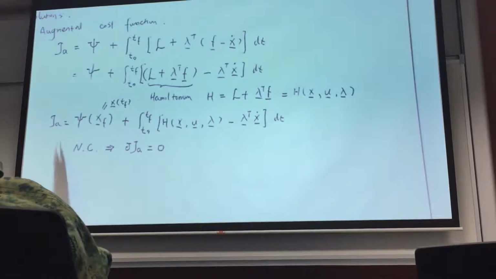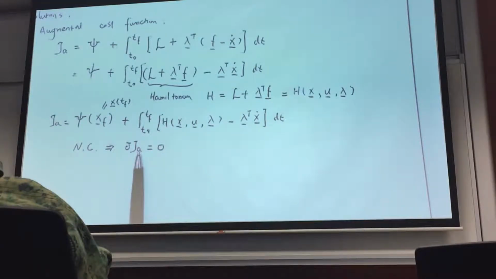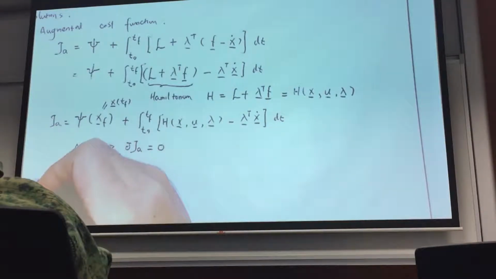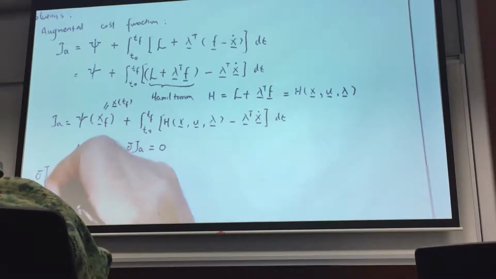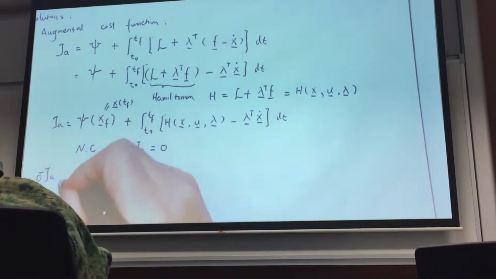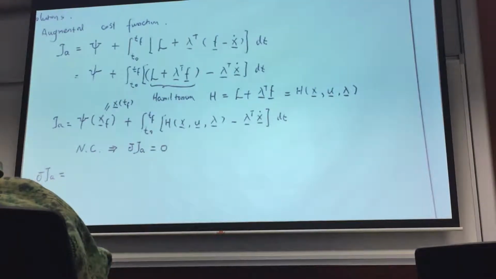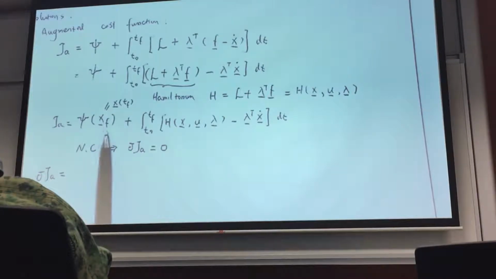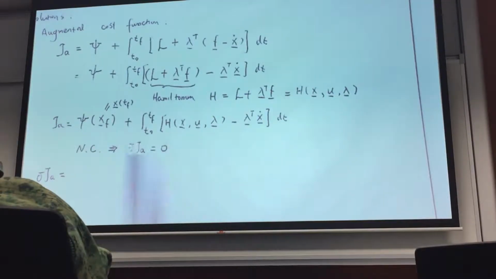So we need to evaluate what is the delta J_A. The delta J_A is defined by the derivative to each variable multiplied by a small perturbation to the variable.